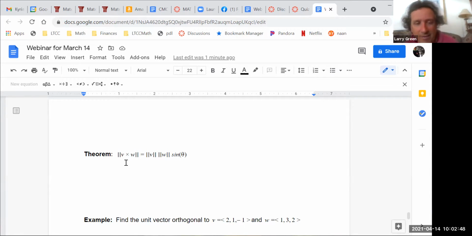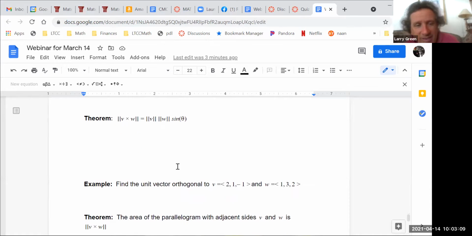Exactly. The angle between anything and itself is always 0, and the sine of 0 is 0. So that means V cross V has to be 0 in magnitude. And if it's 0 magnitude, it's a 0 vector. Any questions on that theorem?